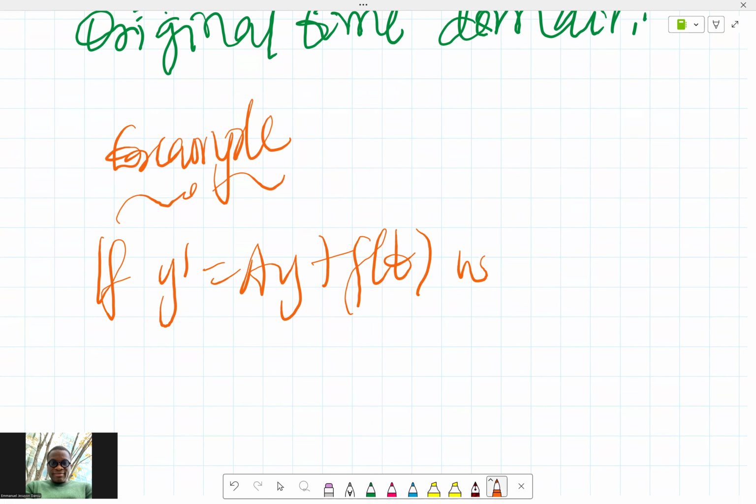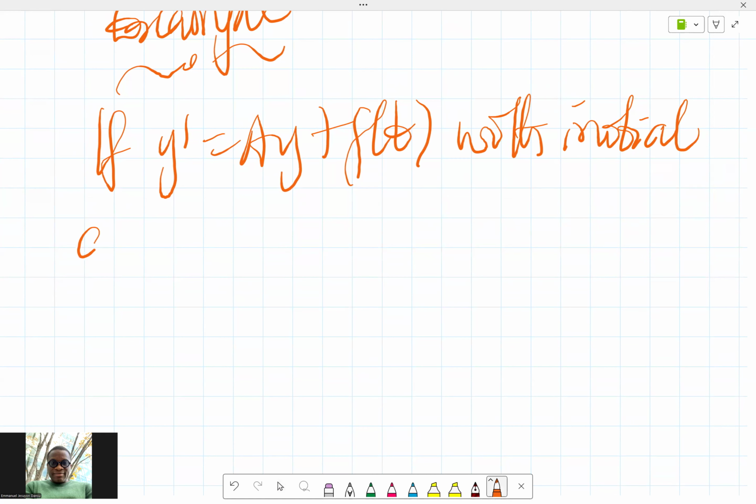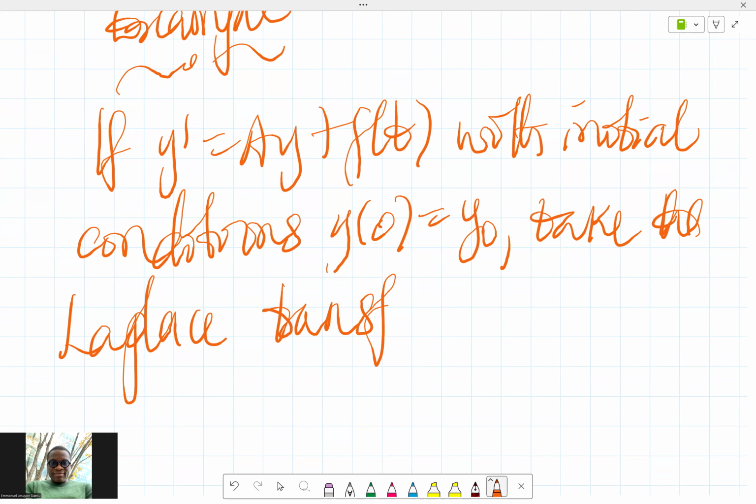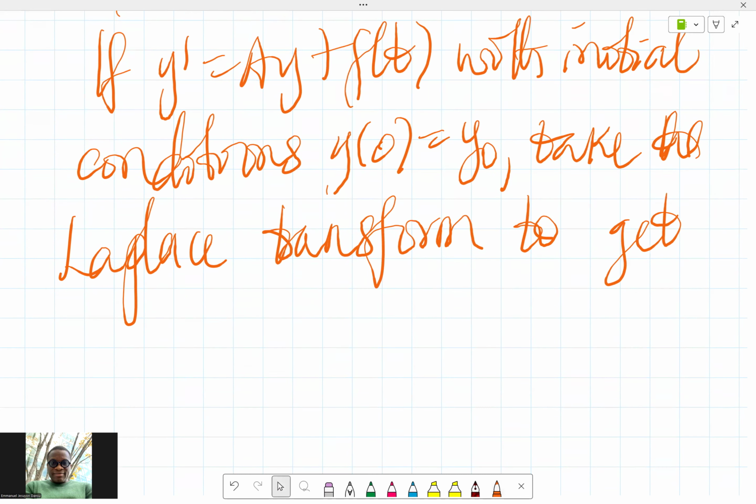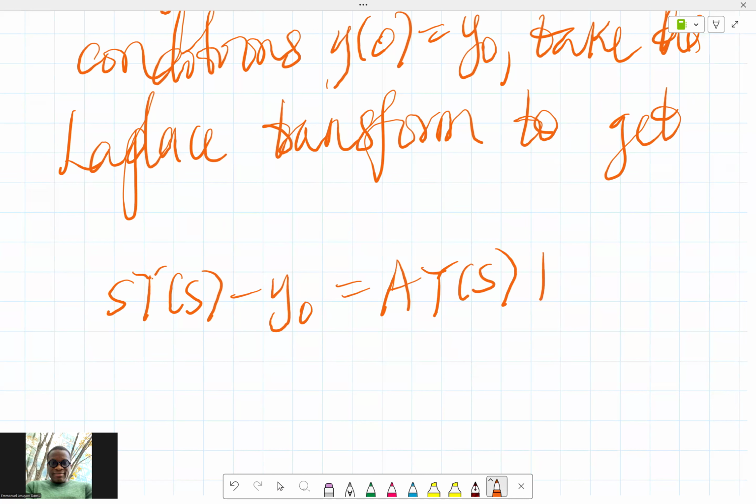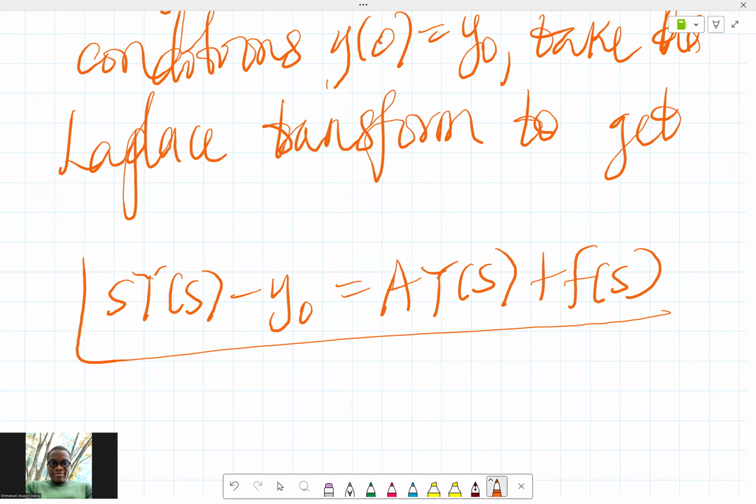So if y prime is equal to ay plus f of t with initial condition y of 0 equals y naught, then take the Laplace transform to get s y of s minus y naught equals a y of s plus f of s. Okay, so the Laplace transform makes it all into algebraic equations like this. That's how that works.